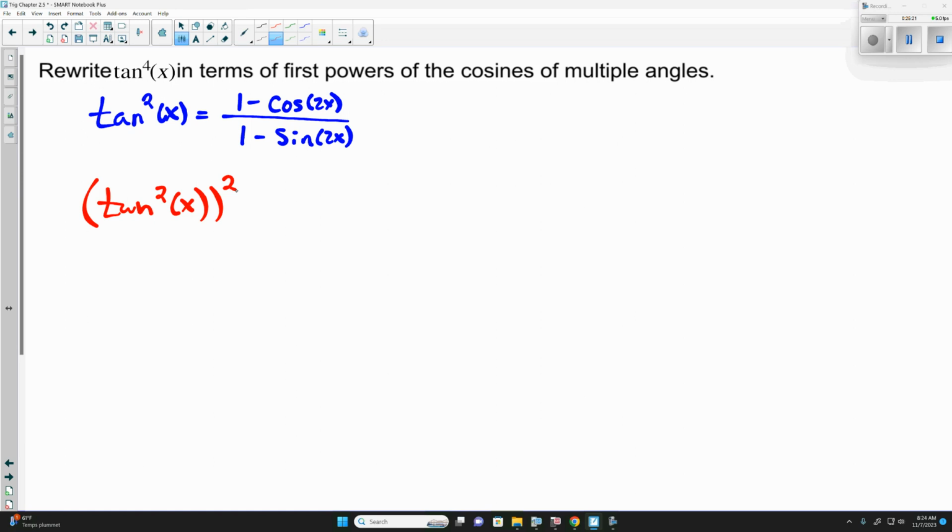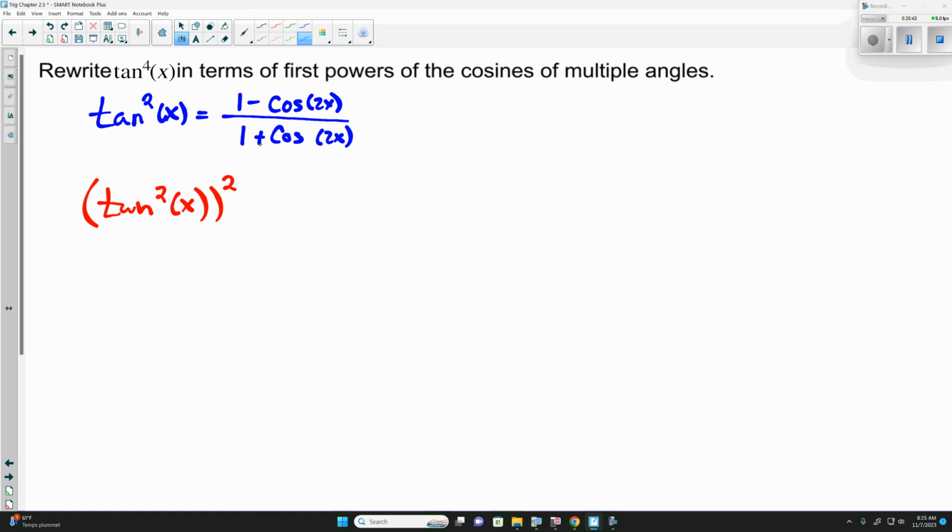And we're going to do the exact same thing that we did last time, if I can write the formula correctly. One minus cosine of 2x over 1 plus cosine of 2x is the correct formula. We're going to do the exact same thing we did on the last one, essentially.